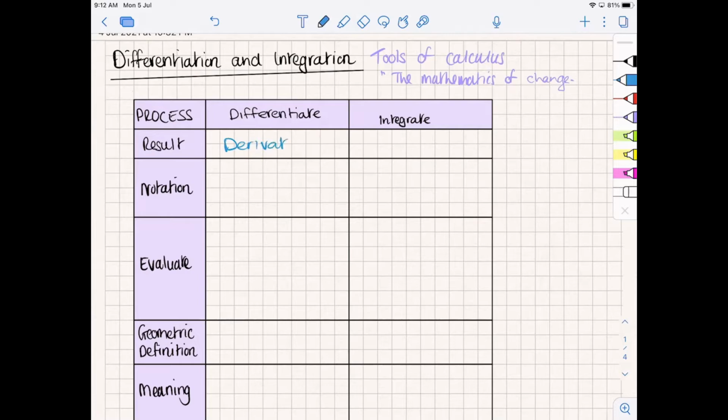If you want to, you can also make yourself a table. The derivative. And when we integrate, what do we call it?